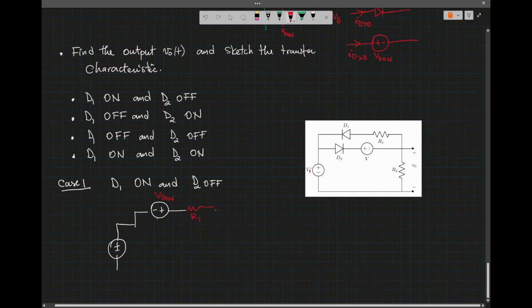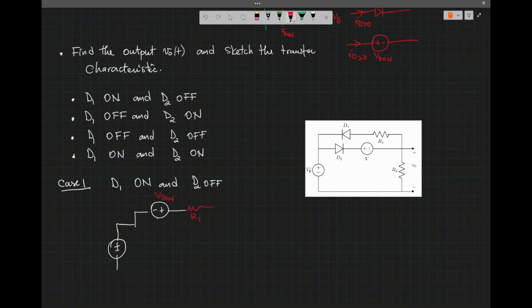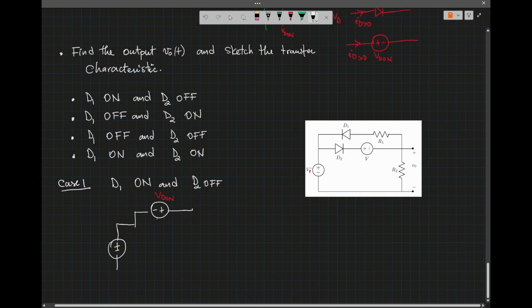D2 is off, so we have R1 here, R2 there. The direction of the current ID1 should be like this, and this is V0.